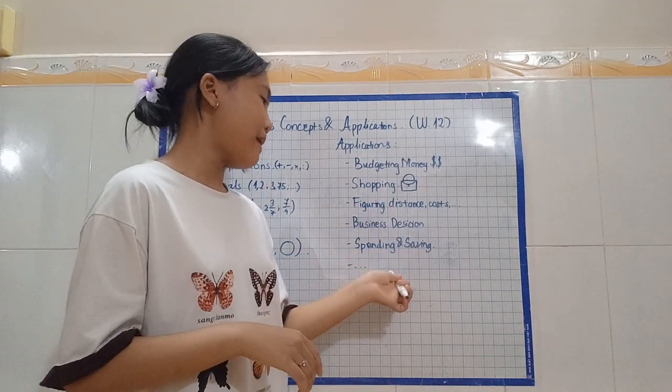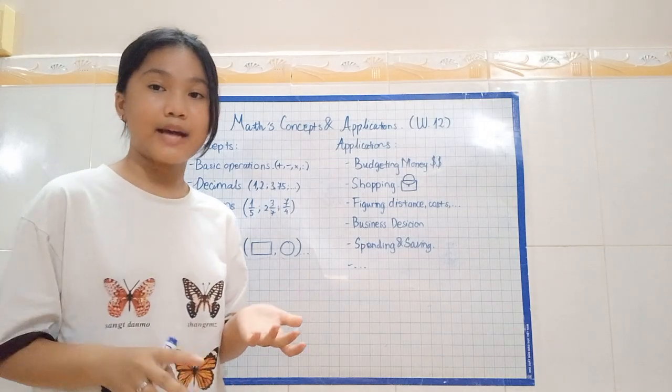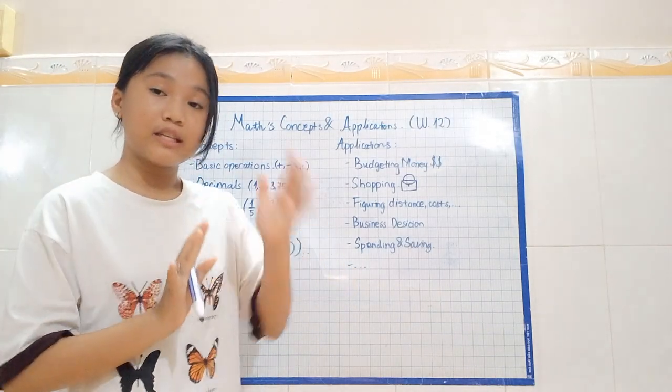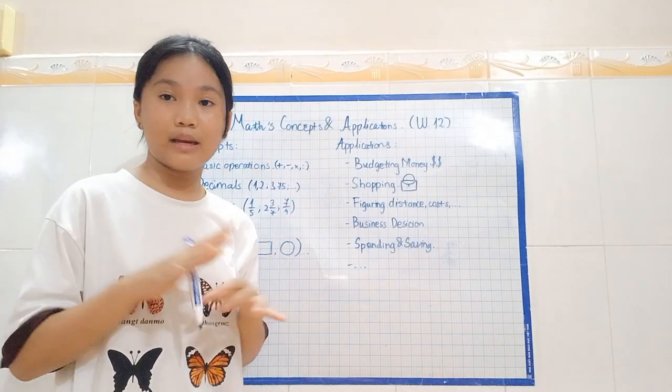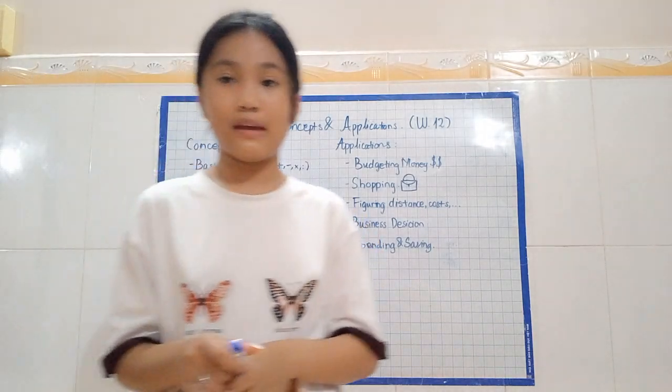And lastly, spending and saving wisely. If you are a person that is very careful in budgeting, probably math is something that you will need to use a lot in your spending and your savings.